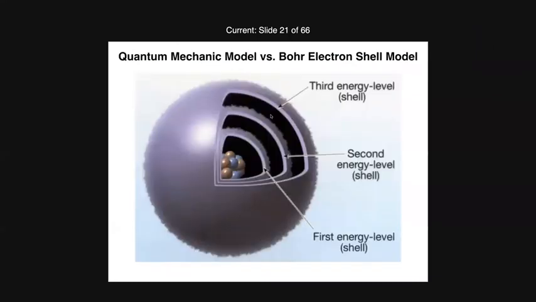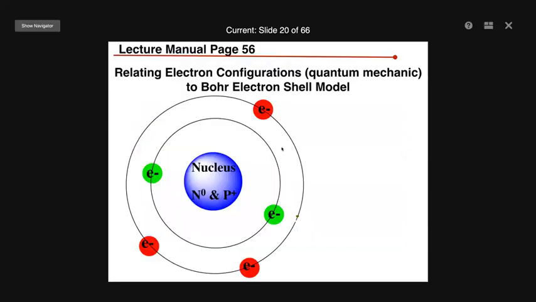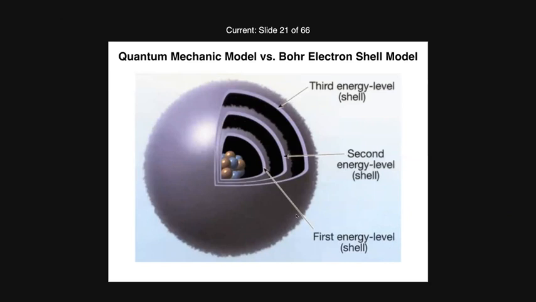The quantum mechanics model is explained pretty much similarly to Bohr's model, except each of these layers contains subshells. So instead of the Bohr model having n equal to 1, n equal to 2, or n equal to 3, quantum mechanics talks about the subshells in each of these.